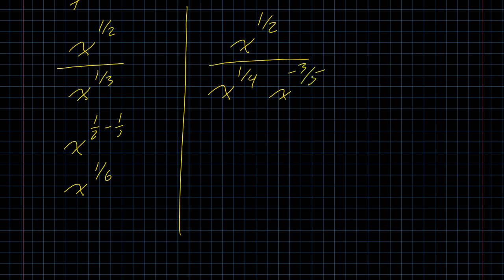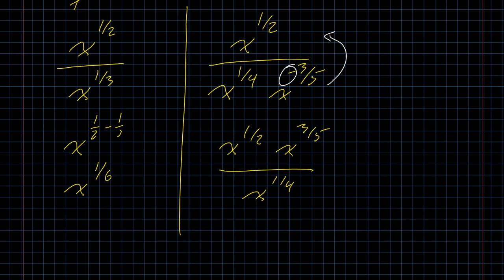Something a little bit uglier: x to the 1/2 over x to the 1/4, x to the negative 3/5. Same rules still apply. If you want to do this in a couple of steps, the rule for negative exponents, moving things between the numerator and denominator, still works. This is the same thing as x to the 1/2 times x to the 3/5 divided by x to the 1/4.